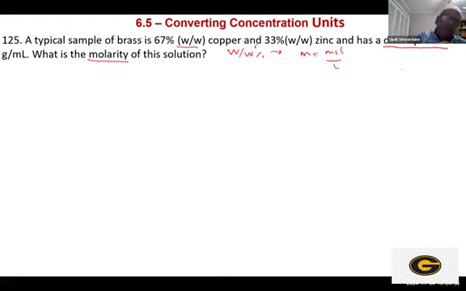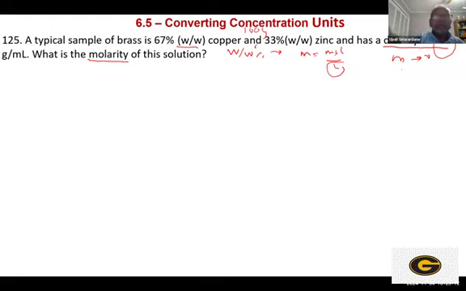This brass sample has total mass of 100 grams. From density, you can get mass converted to volume. Therefore, this is the denominator. Multiplied 8.4 multiplied by 100. 100 is the total mass.